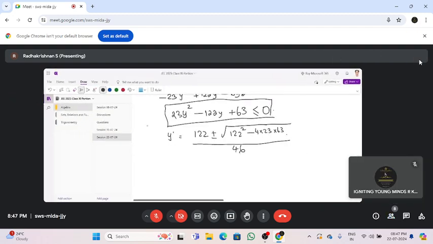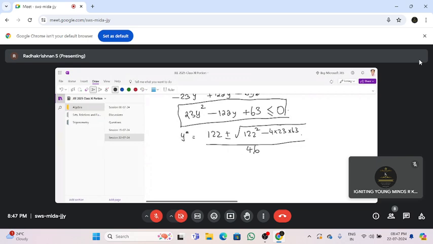Now you see that y can take these two values, 122 plus this or 122 minus this, whole divided by 46.